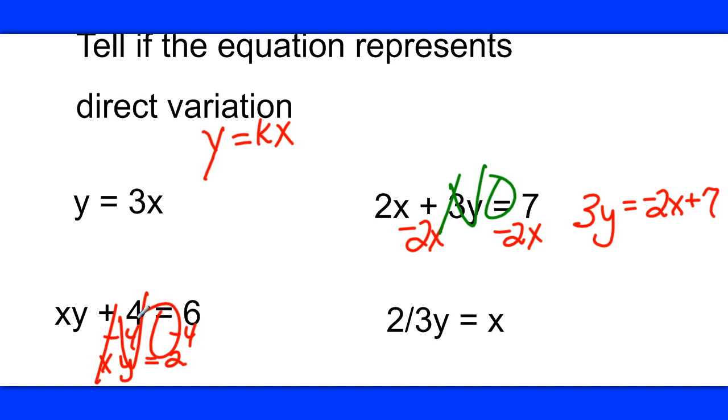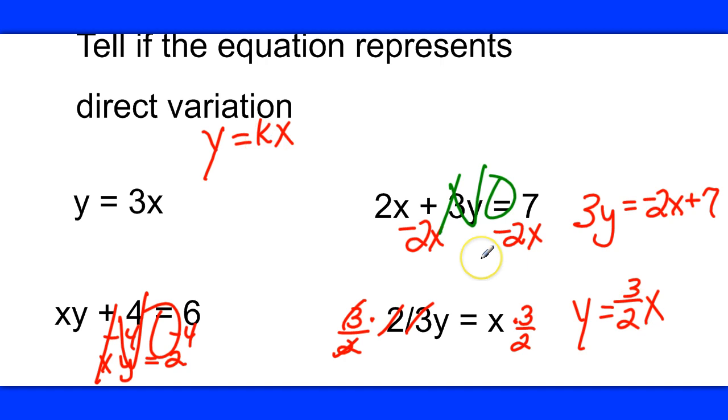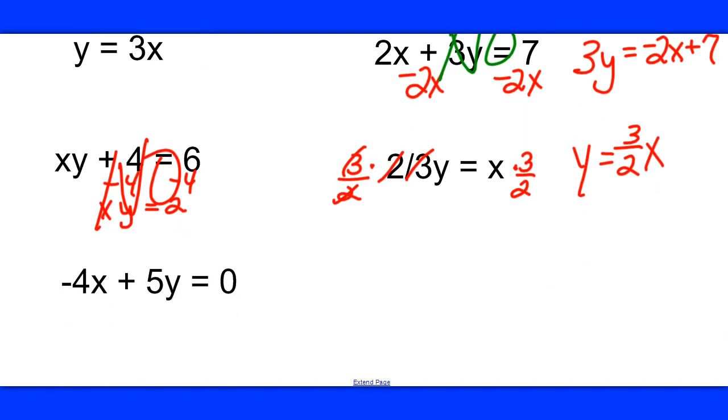So this one is a no. Okay, in this case, I could multiply by the reciprocal, which is 3 over 2. Those cancel out, and I would get y is equal to 3 over 2 x. And yes, that's just exactly like that. And the k value is 3/2.